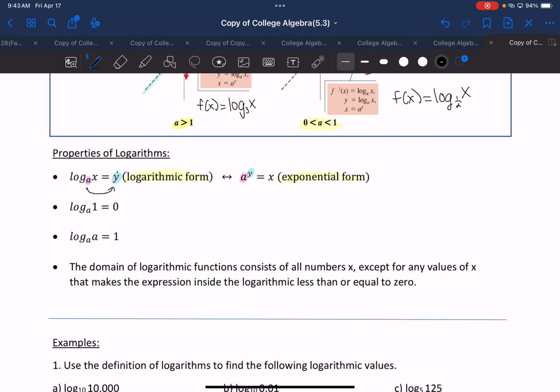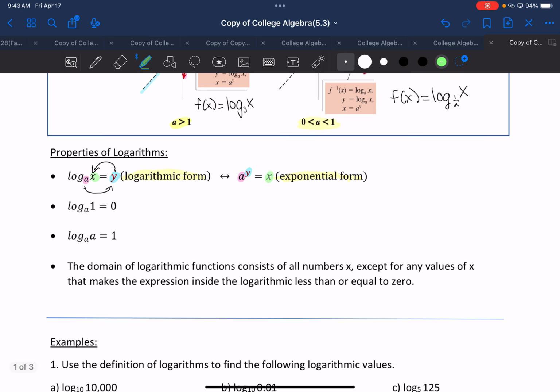Then I go back over the equal sign, and it's equal to x. I always used that counterclockwise method with my arrows when I was doing these. It just helped me remember how to go back and forth. But also you can have this on your cheat sheet.